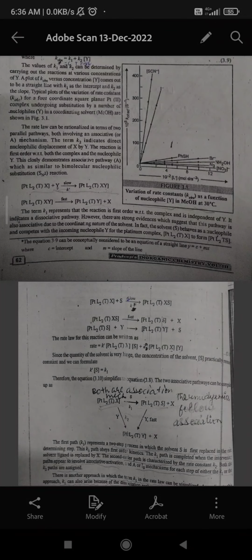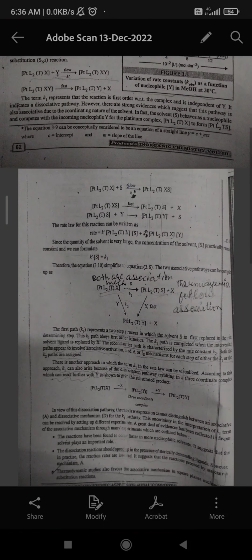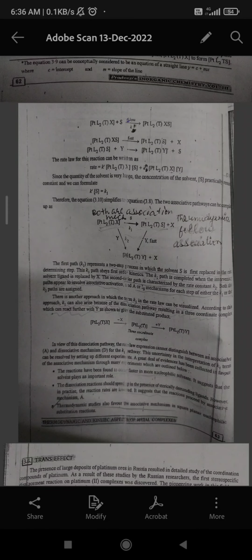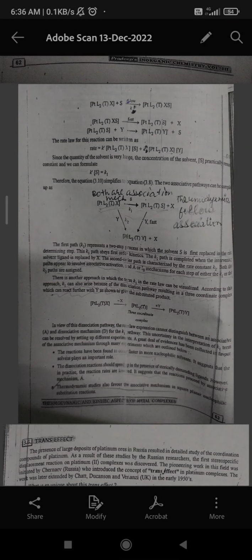For the platinum complex PtL2TX, PtL2TX plus S, that is the slow step, forms PtL2TXS. PtL2TXS goes to PtL2TS plus X in a fast step.